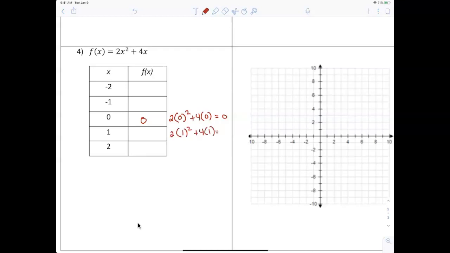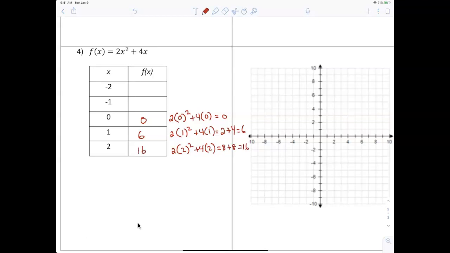Don't forget, 1 squared first. 1 squared is 1, times 2 is 2, plus 4 equals 6. Now we're going to do 2 times 2 squared plus 4 times 2. 2 squared is 4, 4 times 2 is 8, plus 8 is 16. So that number's getting kind of big.